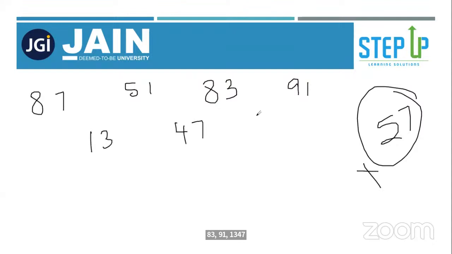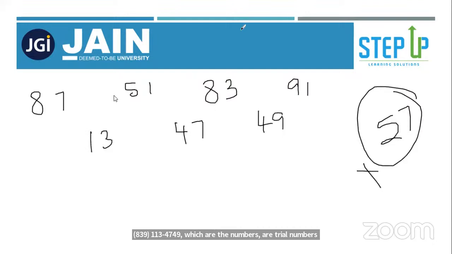Which of these numbers are prime? 13 is a prime number. Good. 13, 83, and 47 are prime numbers.